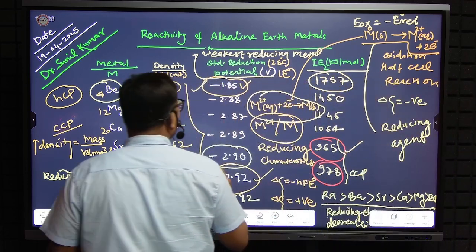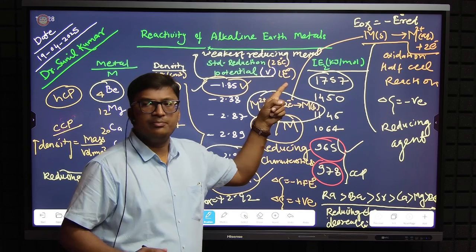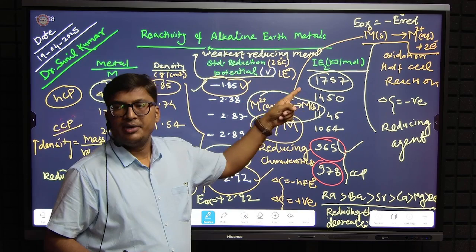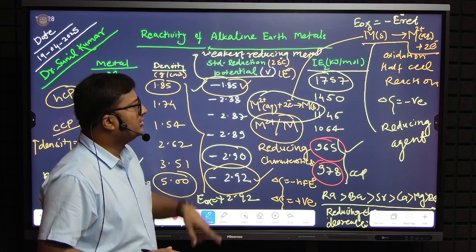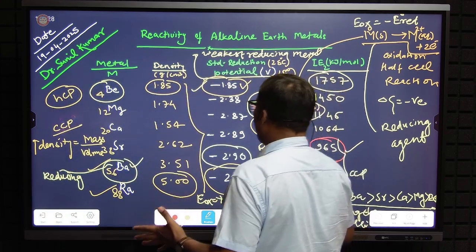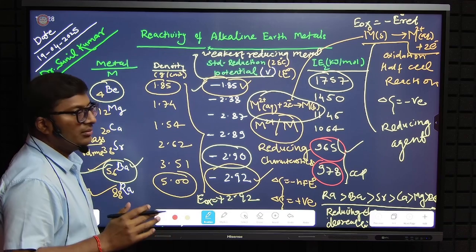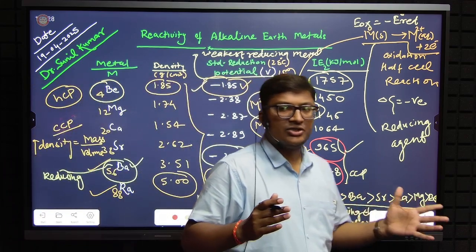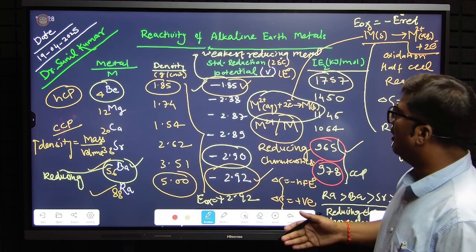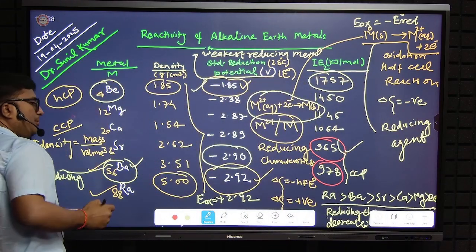But what you are seeing in case of beryllium is 1757. What this value indicates is that the ease of removal of electrons from beryllium is not so easy, right? It is very difficult, and the difficulty is due to the small size of beryllium.